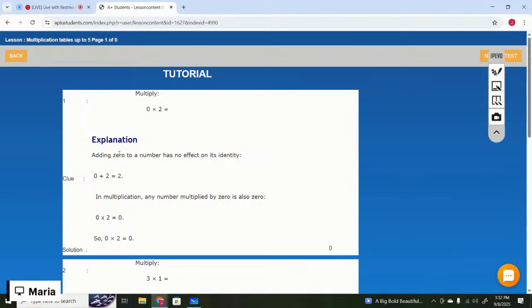0 times 2 is 0. Any number when multiplied by 0, the answer is always 0. So 0 times 2 is 0.